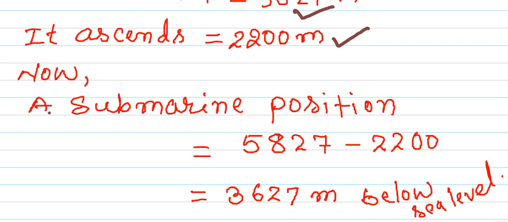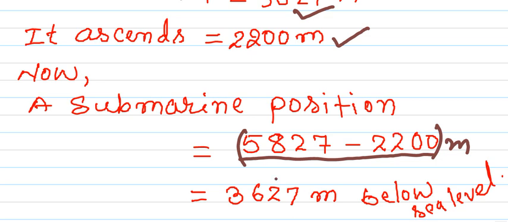Now the submarine position, we subtract the largest value, 5,827 minus 2,200 meter, right? It is required to write. So we get 3,627 meter.